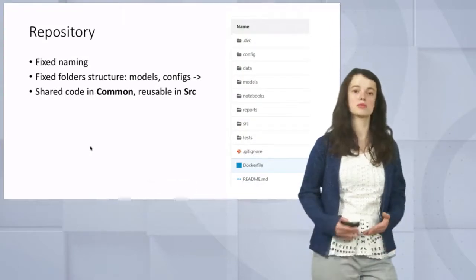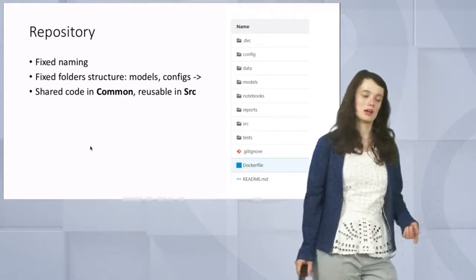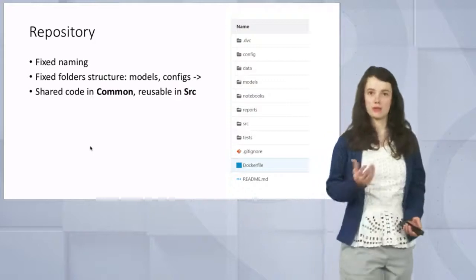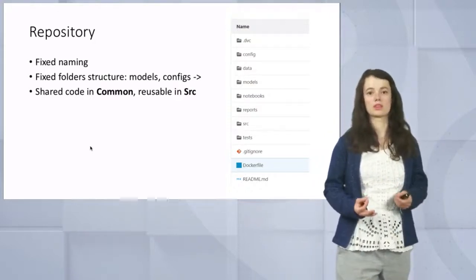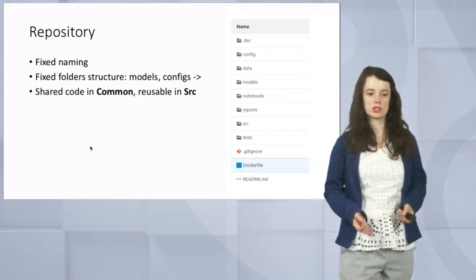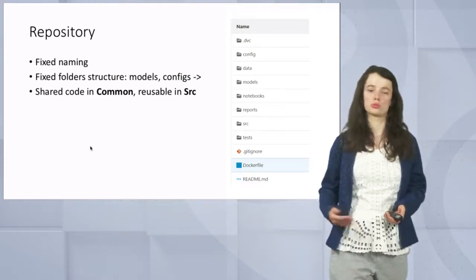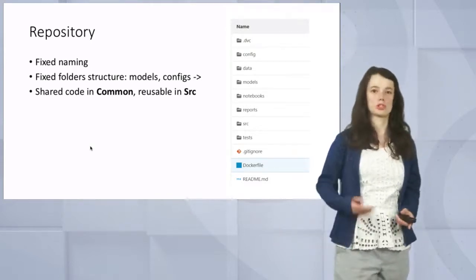Repository is the place where you store all your code, and there should be some conventions, for example, fixed naming, focusing on some structure with folders. For example, you always name your folder with notebooks as notebooks, not the notebooks, others, code, or something else.